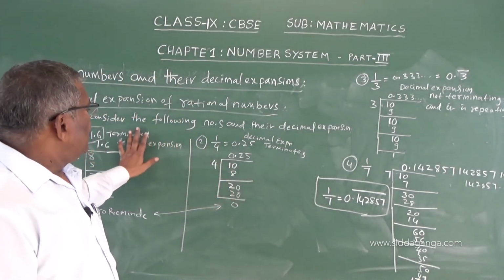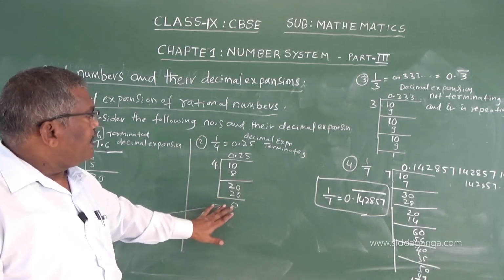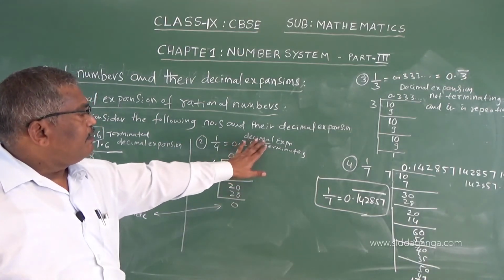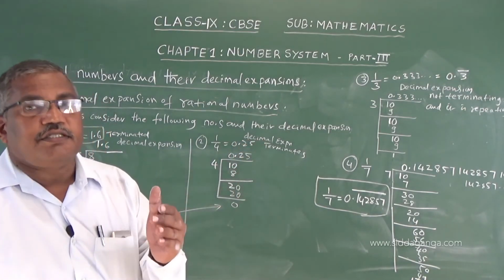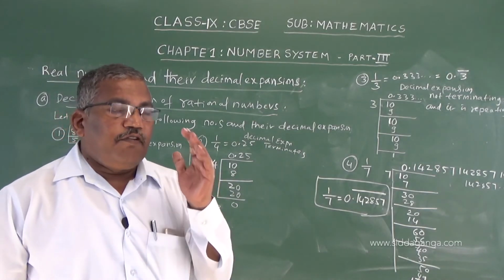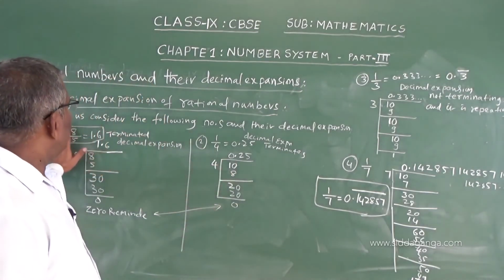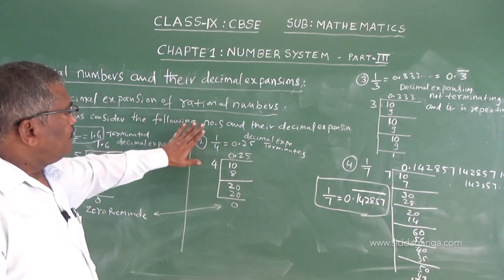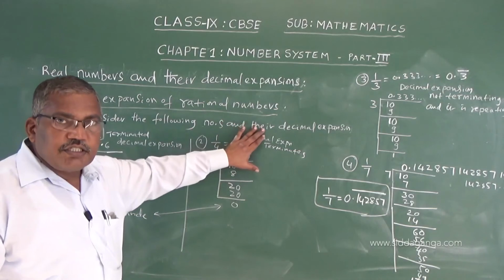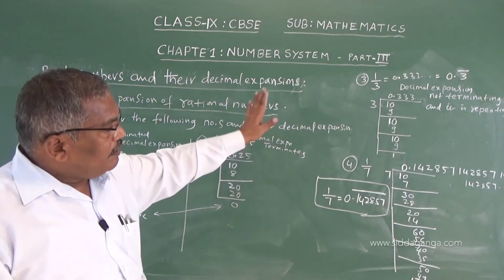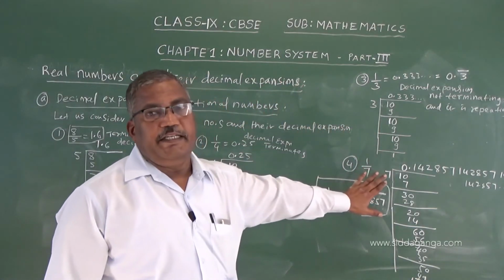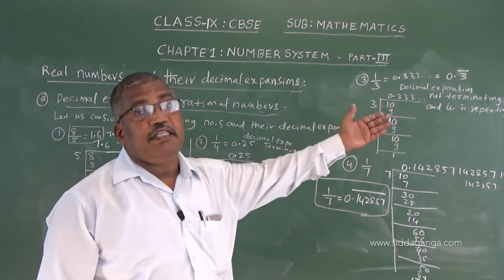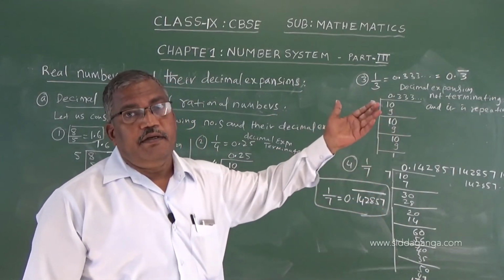One, whenever we get a zero remainder, we call it a terminating decimal expansion. For any rational number, we can say there are only two categories. The decimal expansion terminates, or whenever it is non-terminating, it is recurring, that means it is repeating.